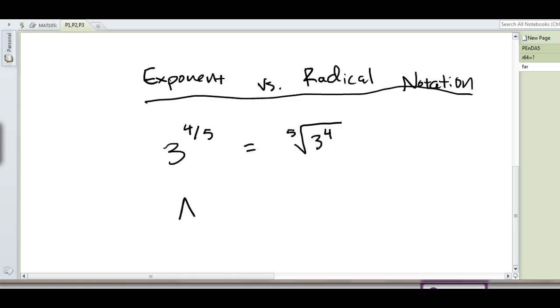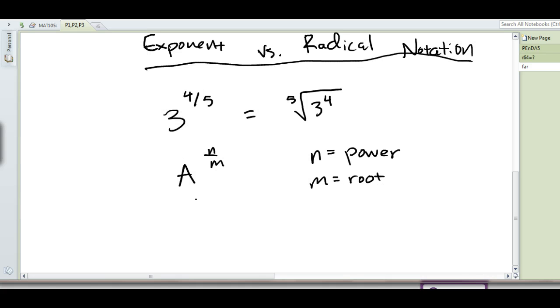So if you have a to the n over m, basically n is the power and m is the root. So if we would have something like, say, 5 to the 1/4 power, this would mean the 4th root of 5.